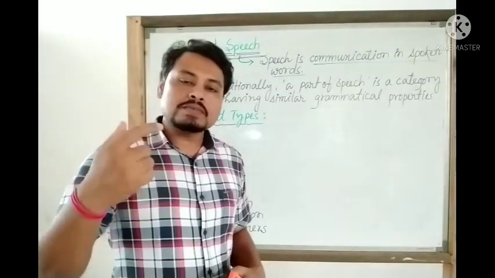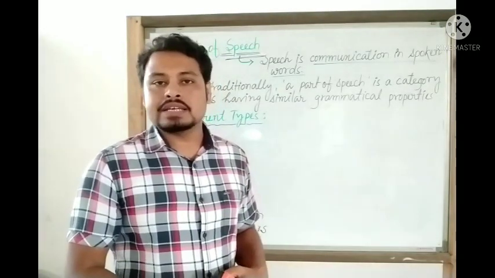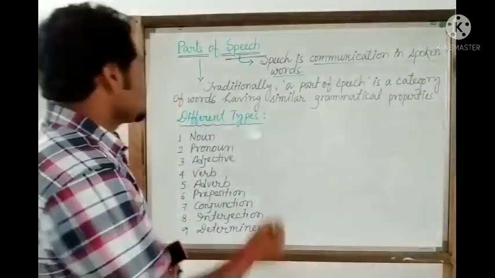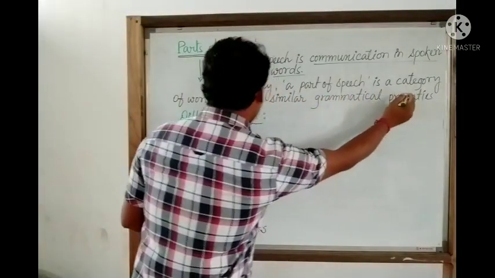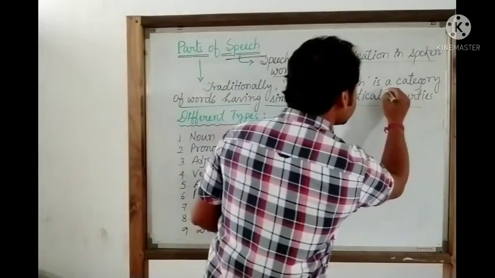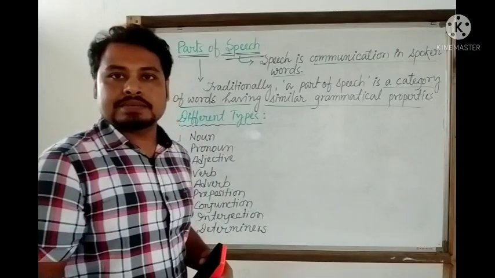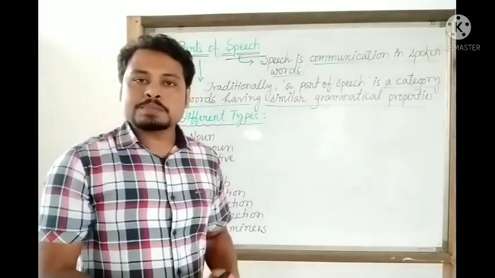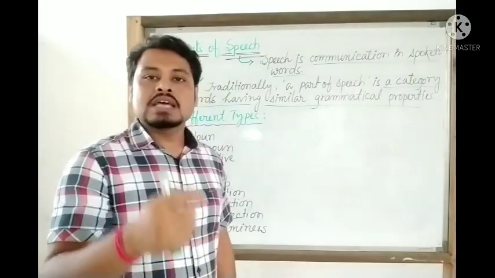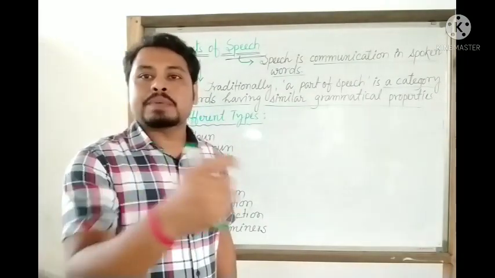Now if we try to define part of speech traditionally, grammatically, we would see that it is a category of words having similar grammatical properties. The parts of speech is a category of words which has similar grammatical properties.